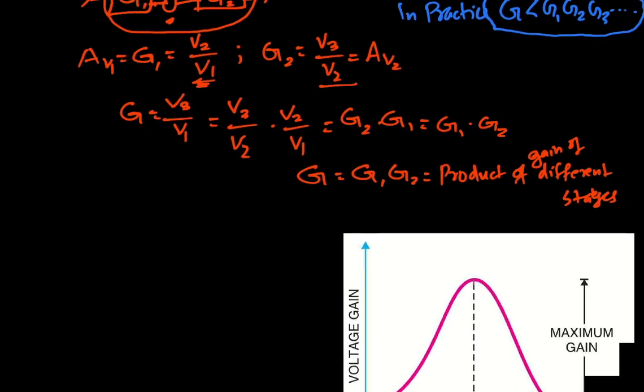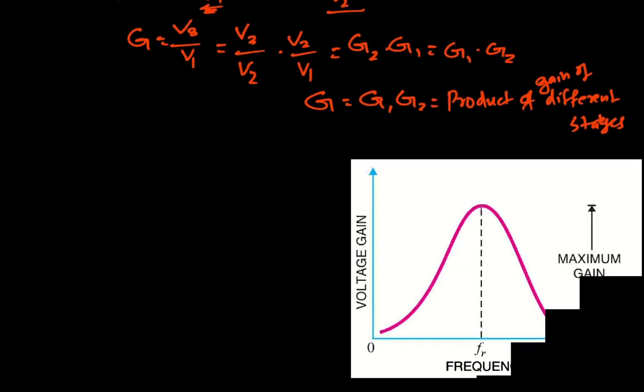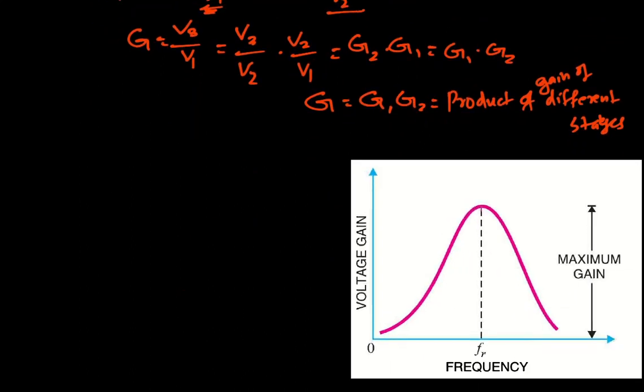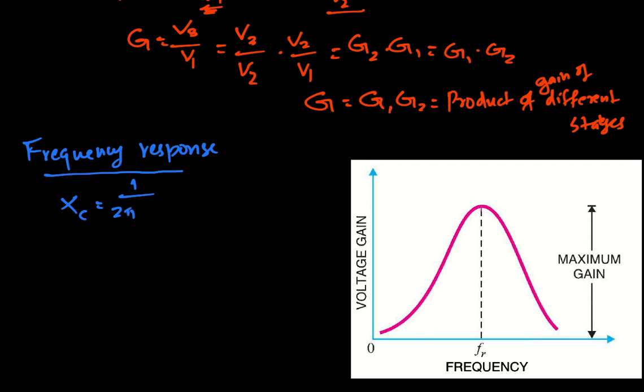As you know, a transistor amplifier contains different capacitors, and the capacitive reactance is given by, if C is the capacitance of the capacitor, 1 by 2 pi f into C, where f is the frequency of the signal across the capacitor.